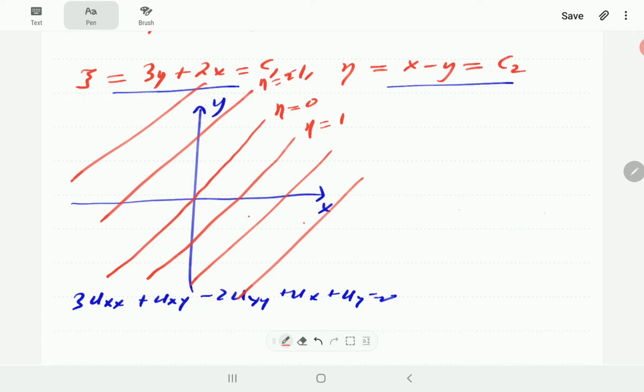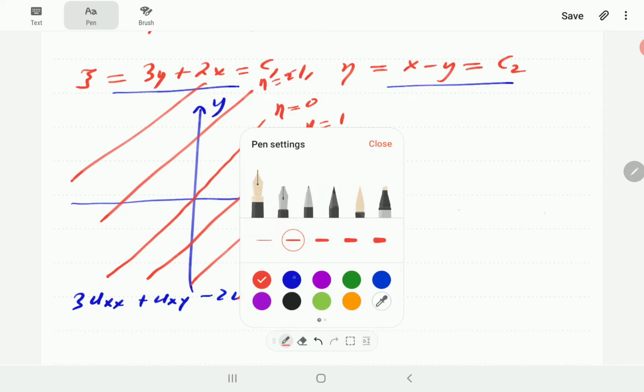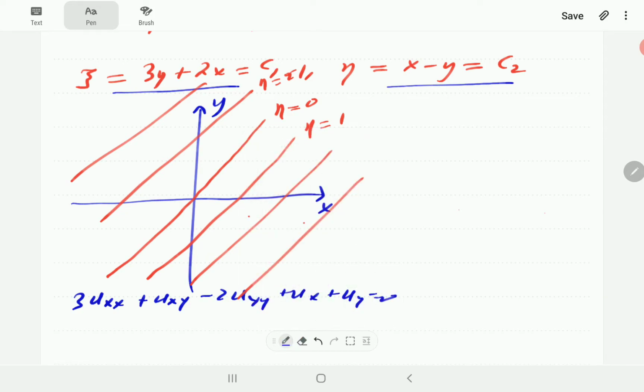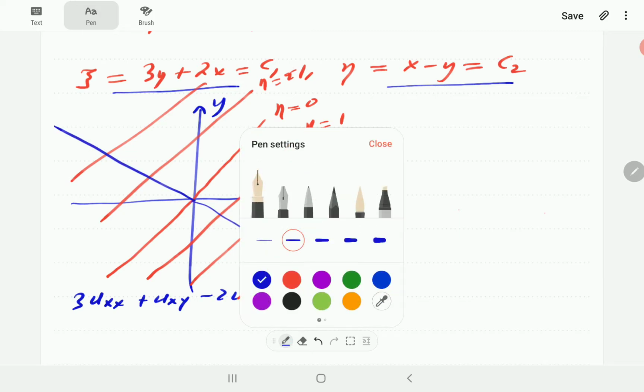So these are the eta equal to constant set of lines. Then the xi equal to a constant lines are going to be going in the other direction. So these are positive gradient lines. These ones, if c1 is 0, for instance, it's going to go through the origin. It's going to be y equals negative 2/3 x. So it's going to go something like this. Let me use this color.